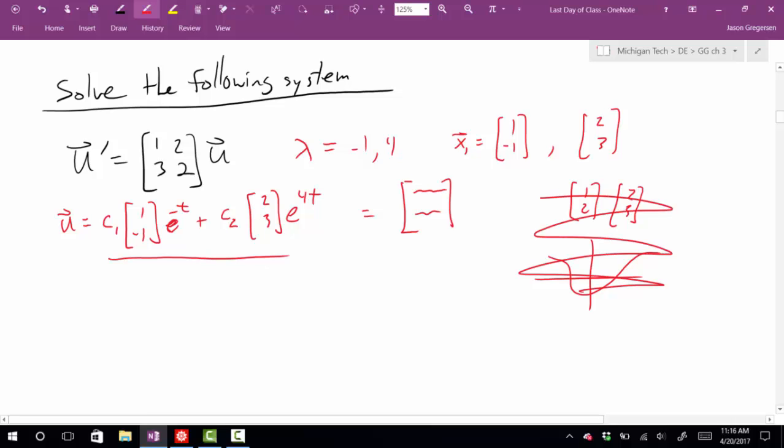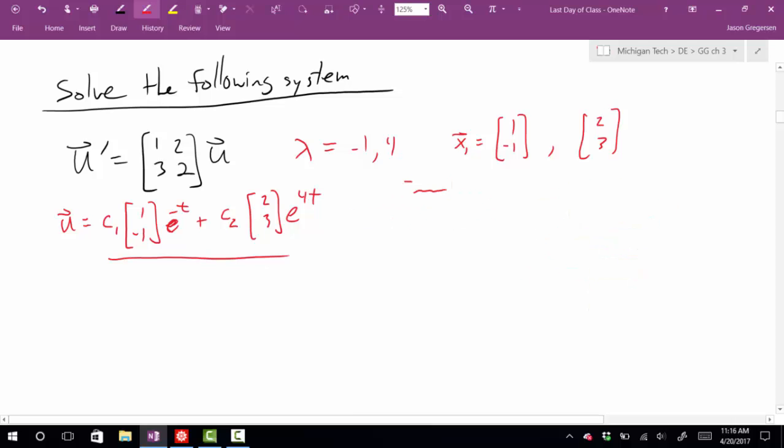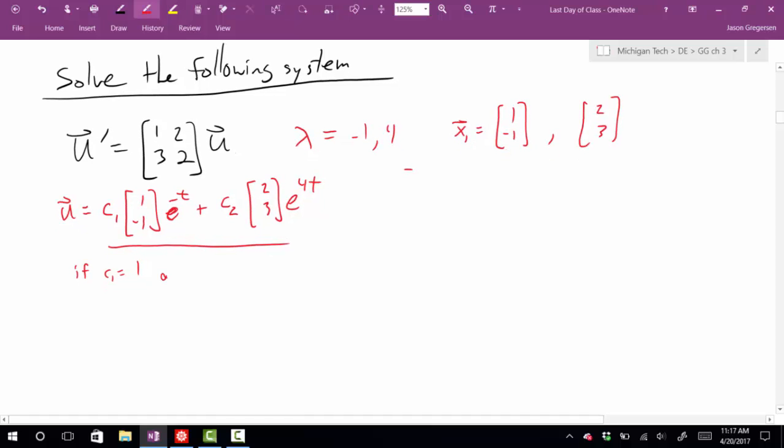Okay? All right. Now I want to think about what specific curves we're looking at. So what I'm going to do is I have a big family of solutions here. This is a solution, which is a different curve for every value of C1 and C2. So let's just look at some important values of C1 and C2 and see what specific curves we get. So I'm going to say if C1 is equal to 1 and C2 is equal to 0, what solution do you get then?